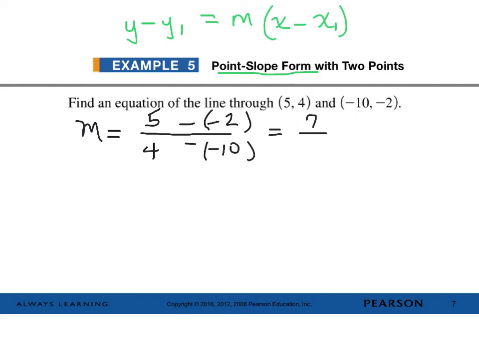And 4 minus negative 10 is 4 plus 10, which is 14. And when you put that in your calculator and change it to a fraction by typing in 7 divided by 14, press your math key, and choose frac.